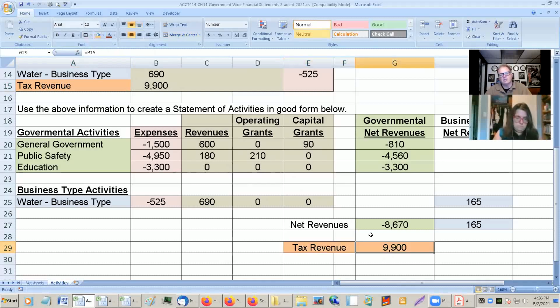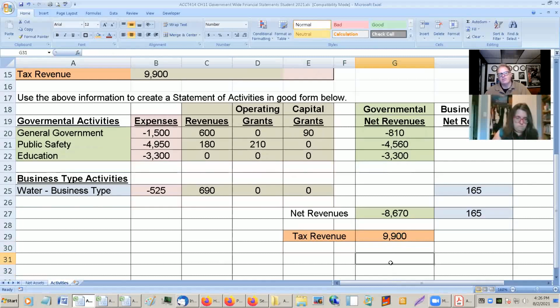And so this tax revenue is going to shore up usually the government revenue.